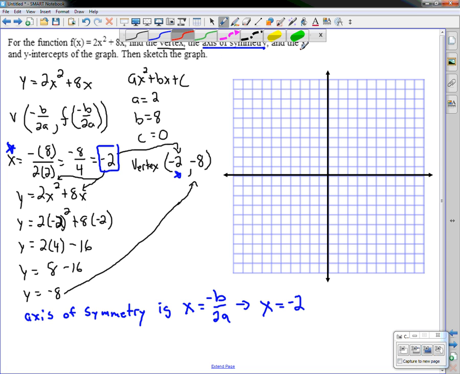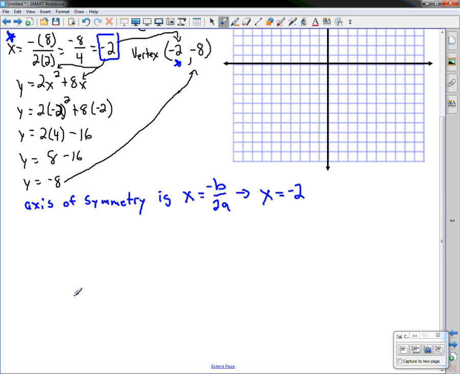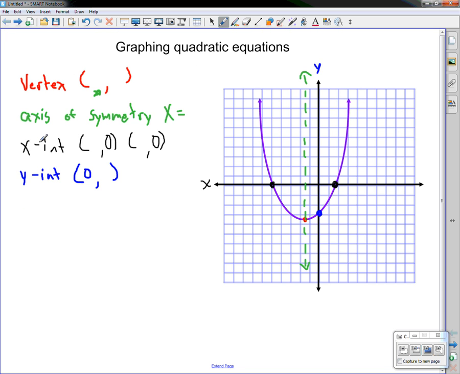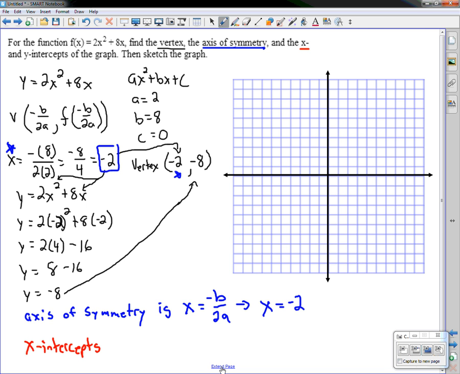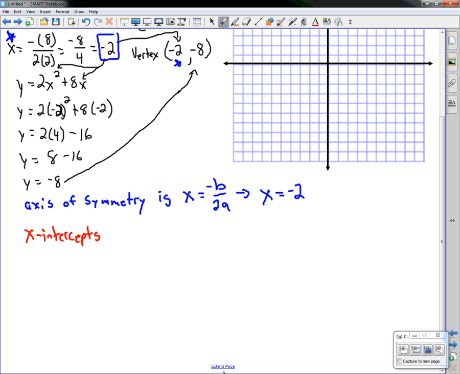Moving right along, let's find the x-intercepts. Okay, so on our previous slide, remember we said that our x-intercept is going to be when y is 0. So what I'm going to do is plug in 0 for y and solve for x.